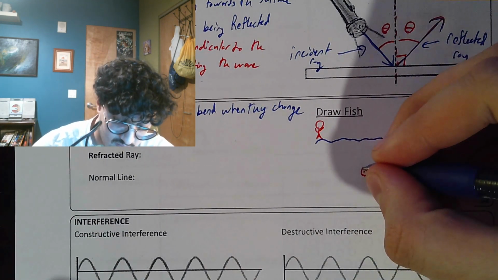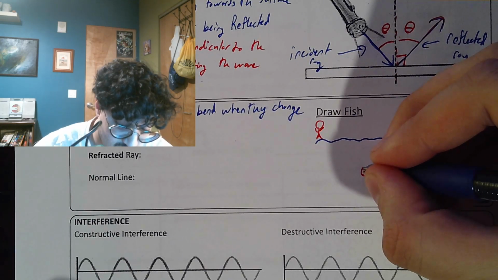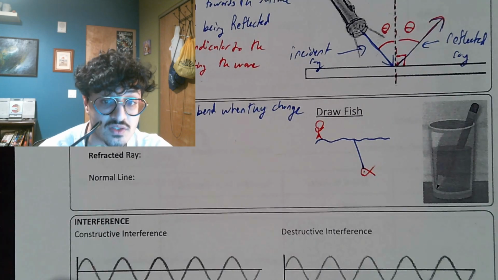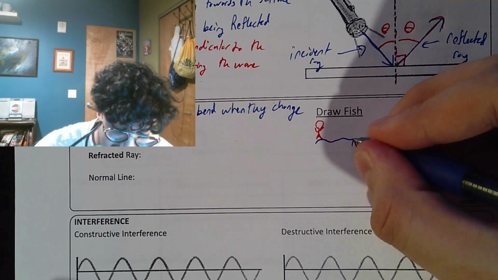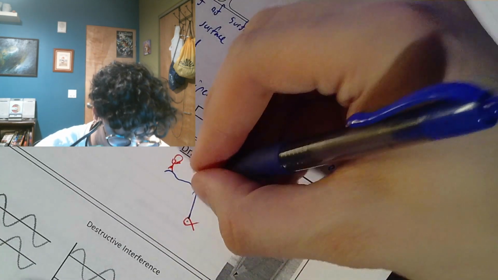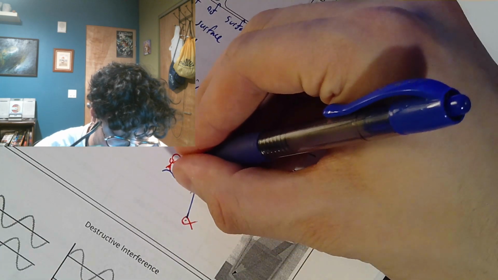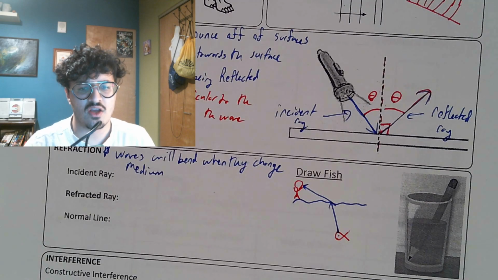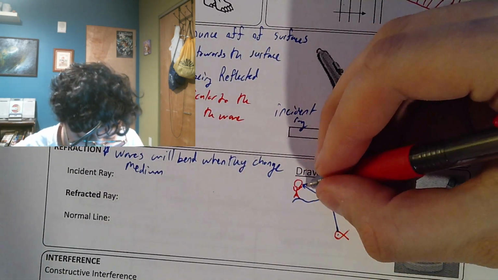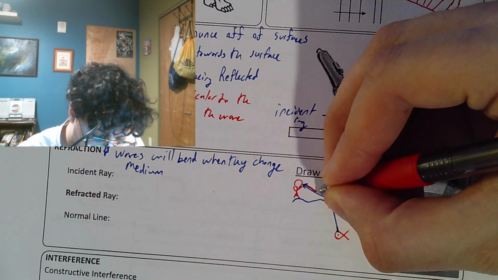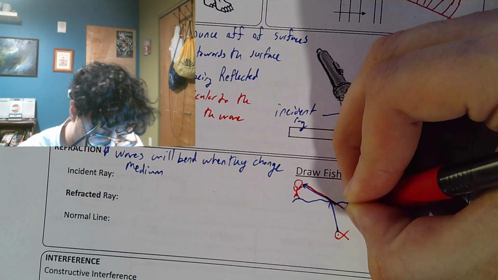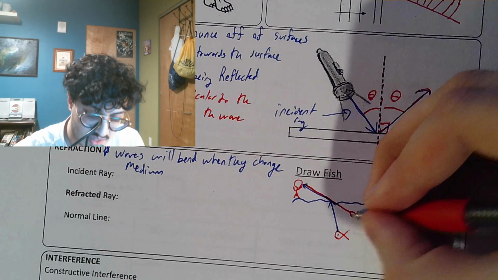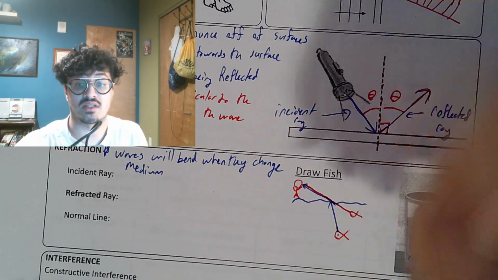The light coming from this fish is going to come up, up, up till it hits the surface of the water. And then, when it hits the surface of the water, it'll bend, like so. So when we are looking at this fish, we think the fish is over here, because that's a straight line from where the light is coming from.